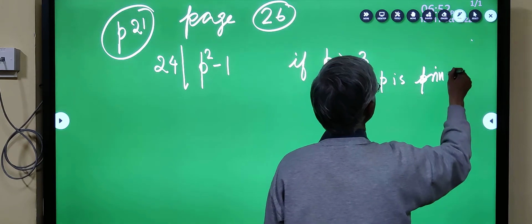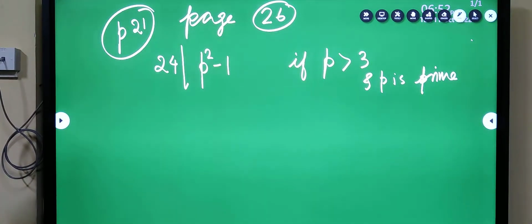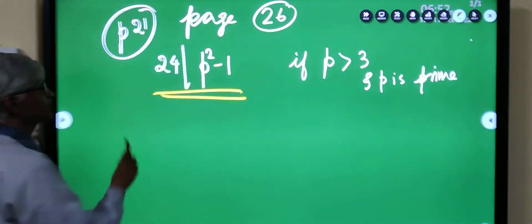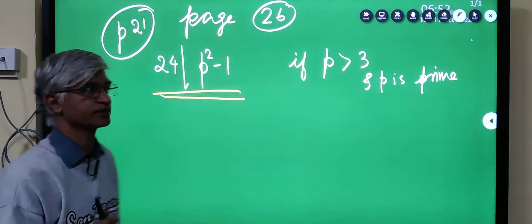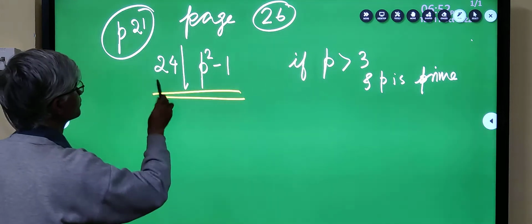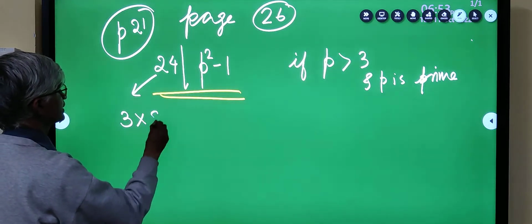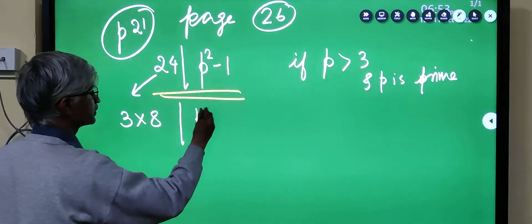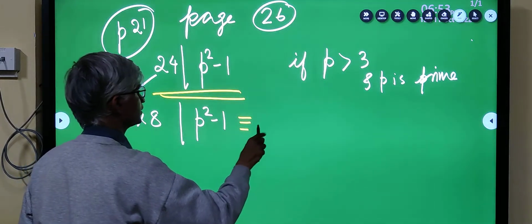Okay, so let's try to do this problem by case analysis. Now, the first simple trick is you have to split this problem into two smaller problems. Instead of worrying about division by 24, the prime factorization of 24 gives me 3 into 8. Now, 3 and 8 are co-prime, so I would rather convert this into two problems.